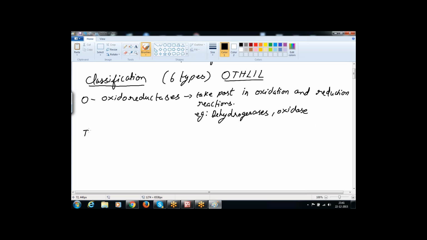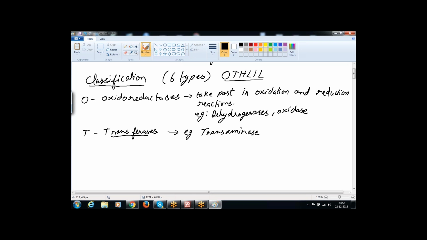And then we've got T. T is for transferases. They will transfer one group from one compound to the other. The name itself tells they will transfer a group. For example, transaminase. Remember we did transaminase, it was transferring the amino group from one amino acid to alpha ketoglutarate.